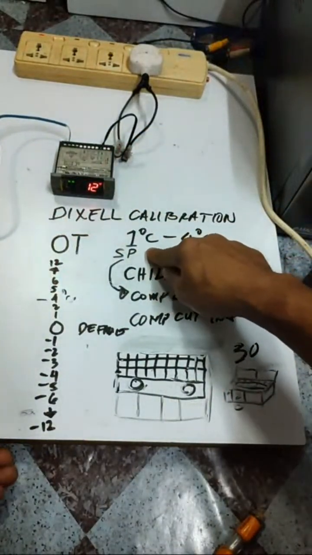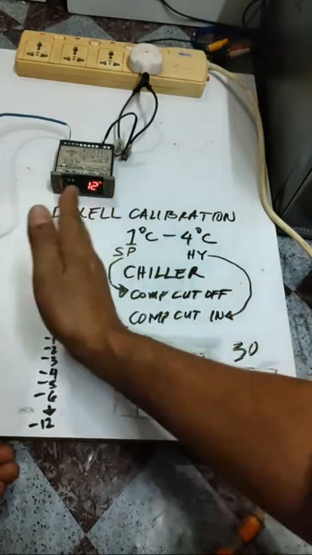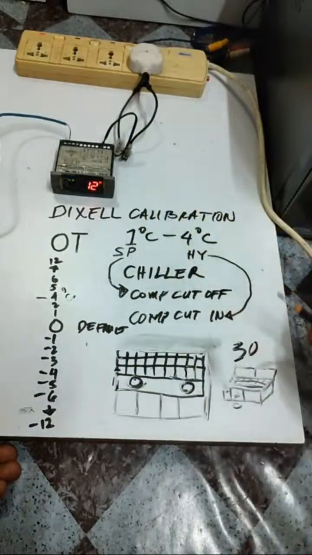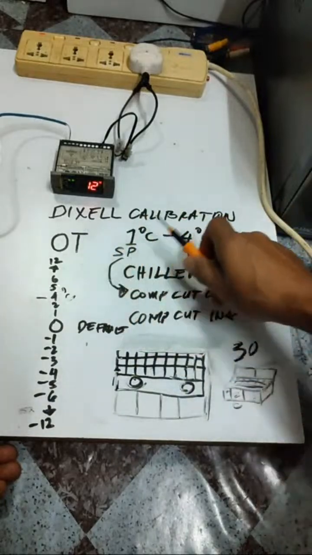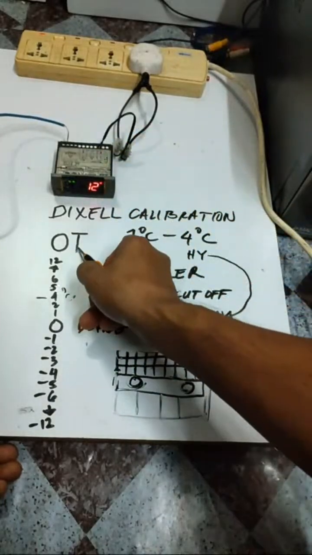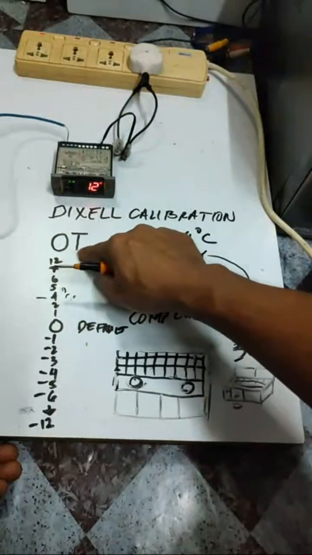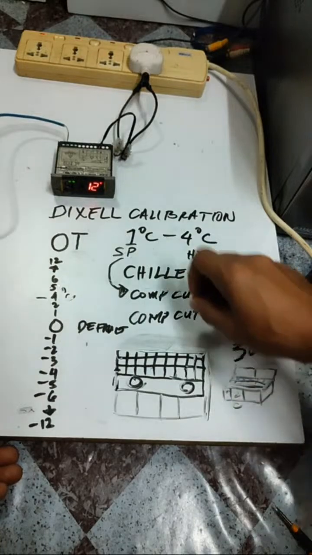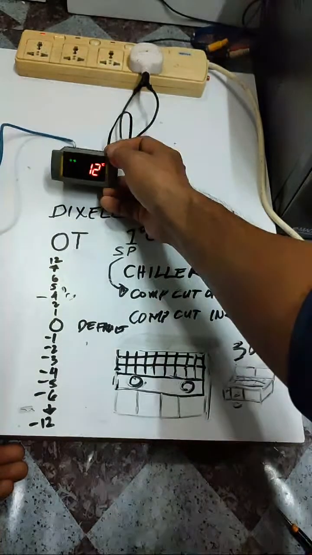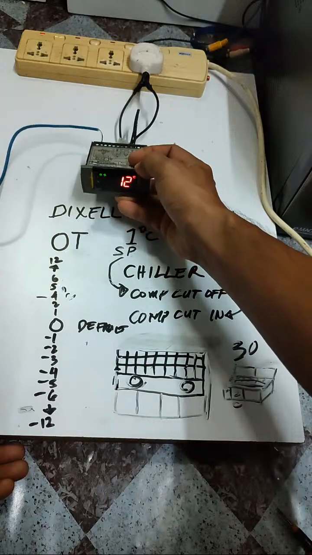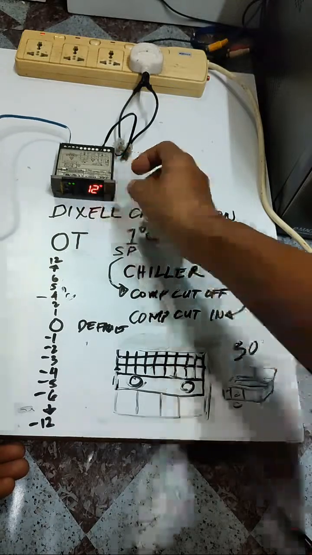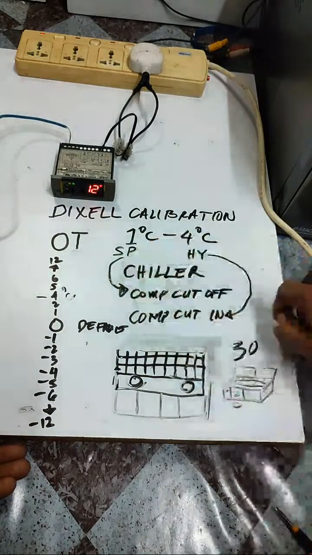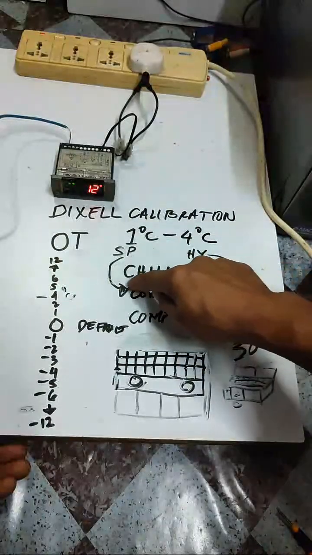Okay, because if you do that, you are now outside the boundary. So that's why the engineers who designed this Dixell put OT calibration, the OT parameter, for us technicians to do calibration. Okay, this is case-to-case basis, guys. Once you use Dixell for a freezer, it doesn't matter. But for the chiller, it matters.